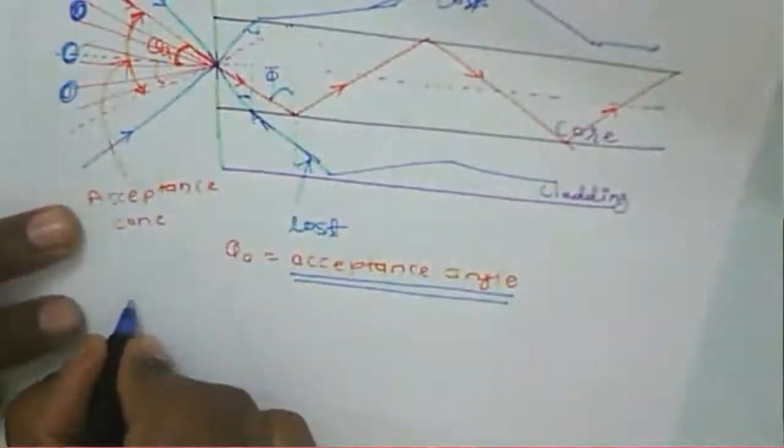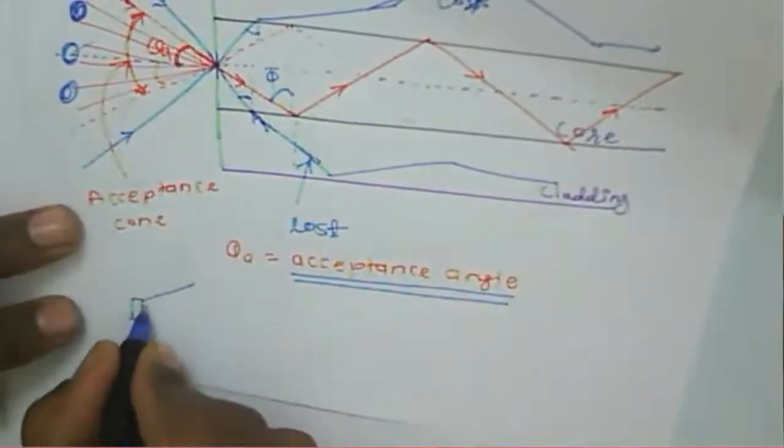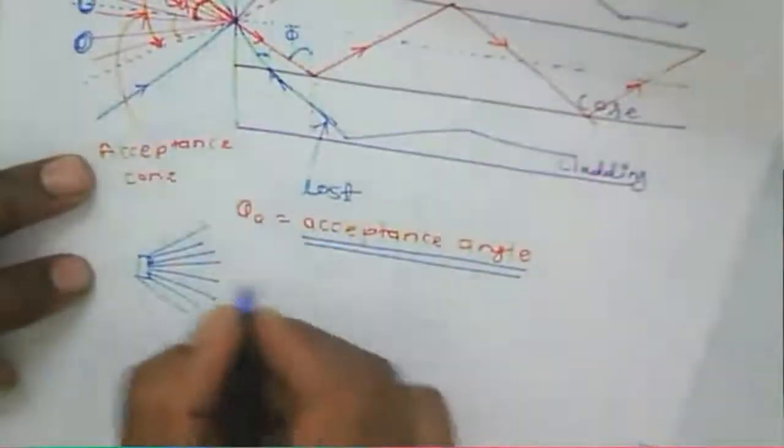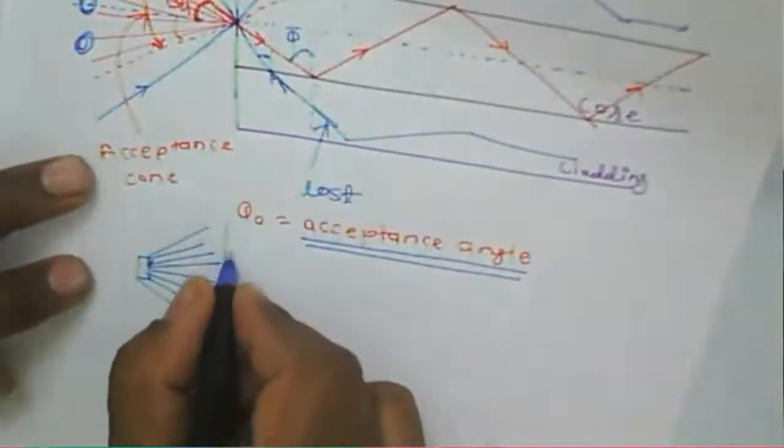For a given source, if it is a laser, a single light comes here. But if it is an LED, the light rays will be spread likewise.